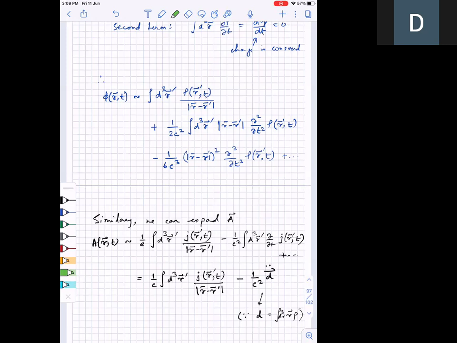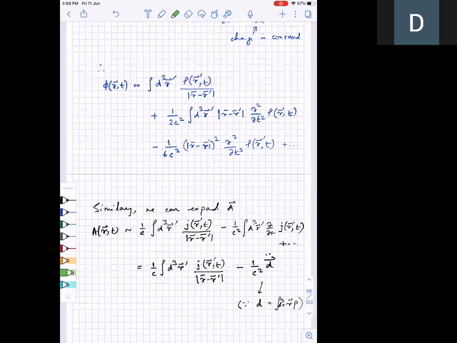And so you see that the dipole moment over here, which is defined like this, is related to the current density. And that's why the derivative of the current density comes as a double derivative of the dipole moment. So this term over here is nothing but the double derivative of the dipole moment.